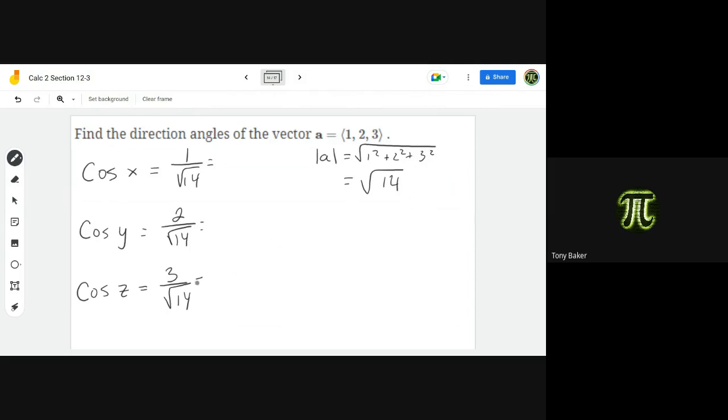So if we look at these, go back to our Desmos, and we're going to do the arc cosine of each of those. 1 over the square root of 14.